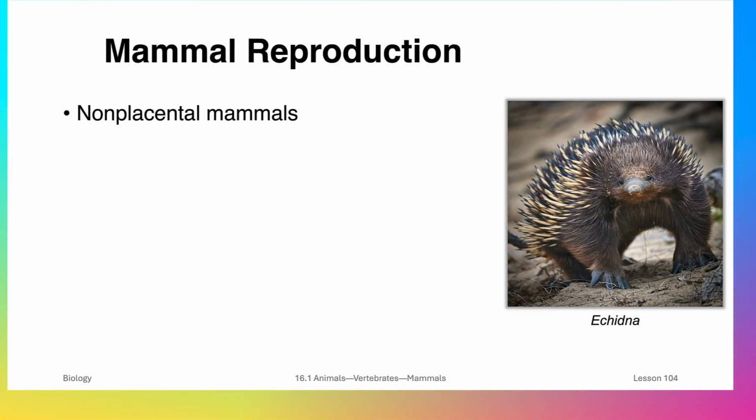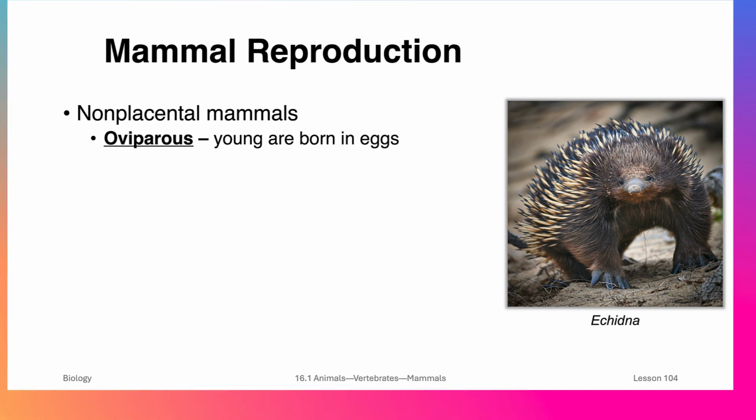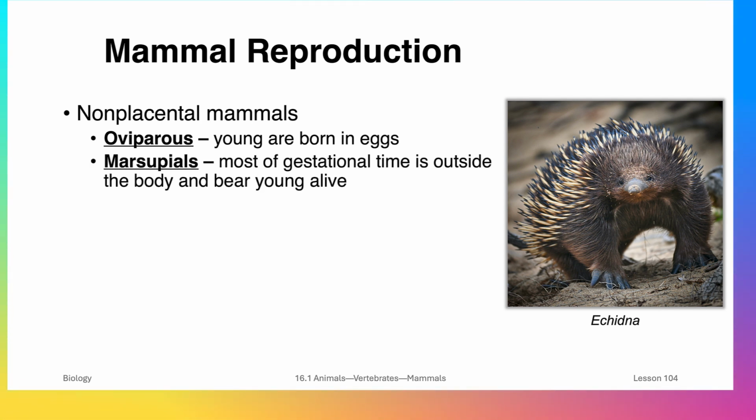Now, there are also mammals that do not reproduce by means of a placenta. Some, very rarely in the mammal group, actually produce eggs. When you produce young that are born from eggs, that's called oviparous. This is extremely unusual in mammals. And then the other option is what's known as marsupials, where the infant is born outside the body.